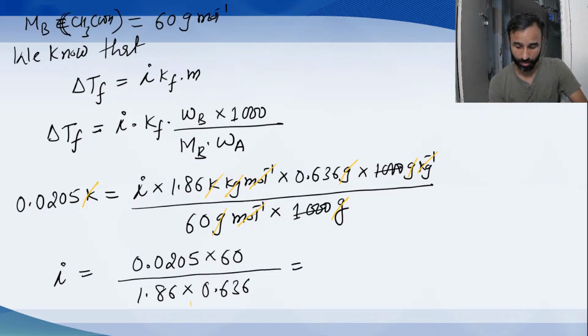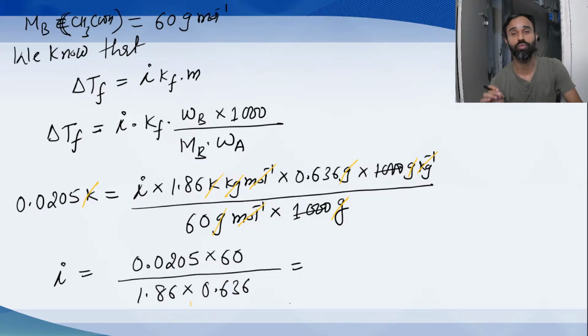So 0.0205 into 60 divided by 1.86 divided by 0.636, that is 1.03976.